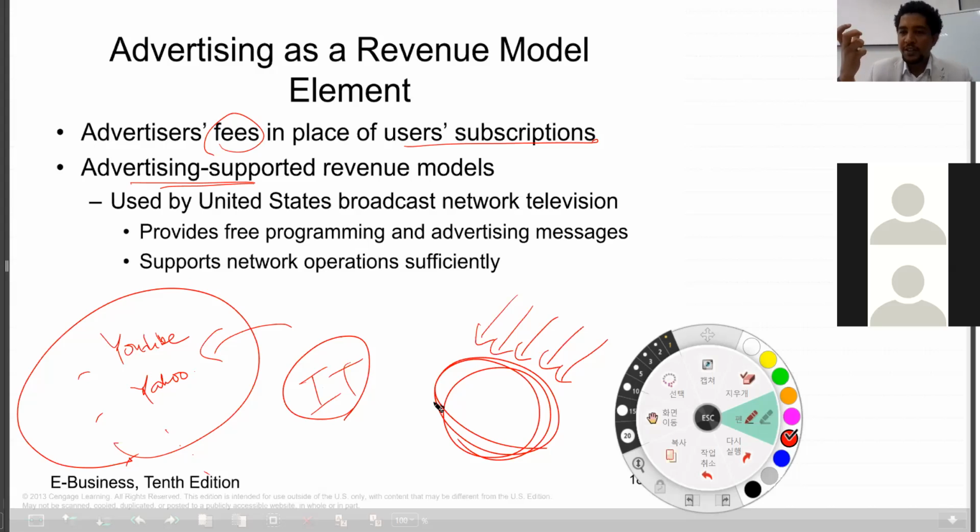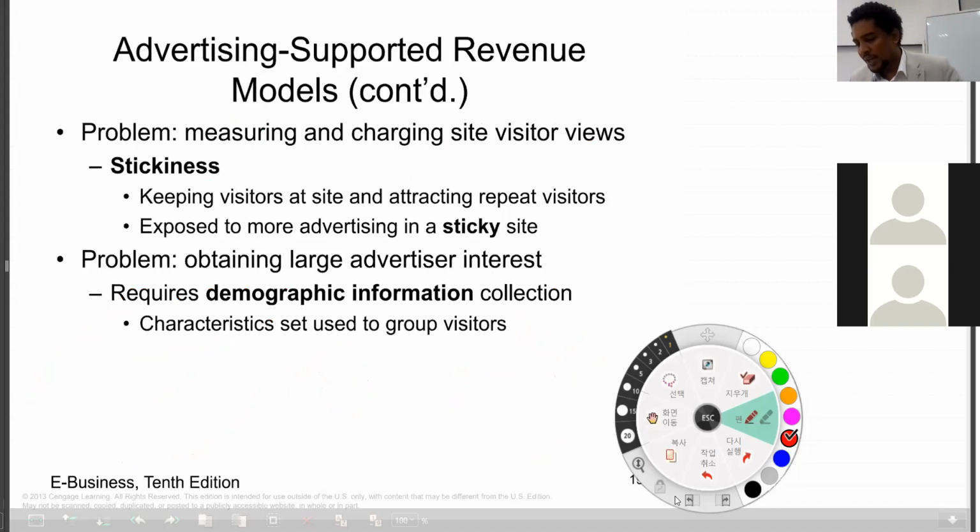If there is a new television, for example, and only few people know about it, then no company will pay too much money for this television because there are not many people watching it. So even though they are not charging us to see the news, they get their income from advertising, right?